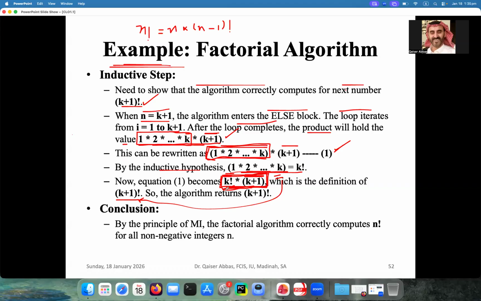Here your n is k plus 1. In this representation, your n is k plus 1. So if I put k plus 1 here, n factorial becomes k plus 1 factorial.